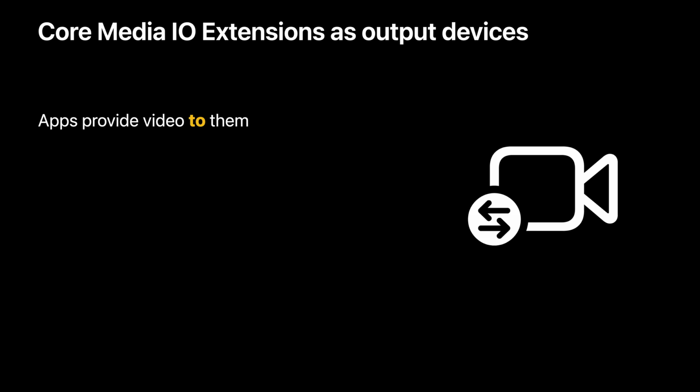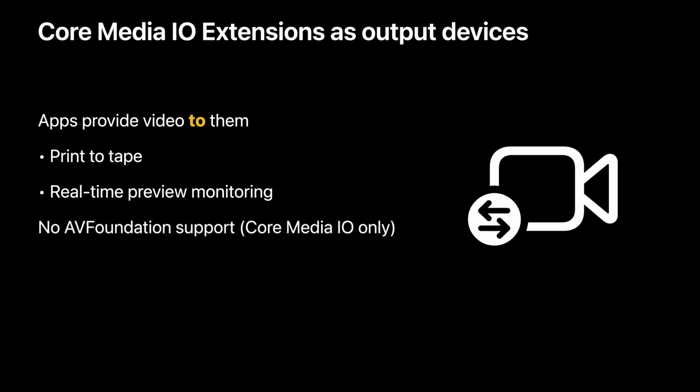Some common uses are print-to-tape, where a video signal is sent to an external recorder, or real-time preview monitoring, such as on a Pro deck with SDI inputs. One important thing to note is that output devices have no AV Foundation API equivalent. To send frames to an output device, you must use the Core Media I/O C API directly.